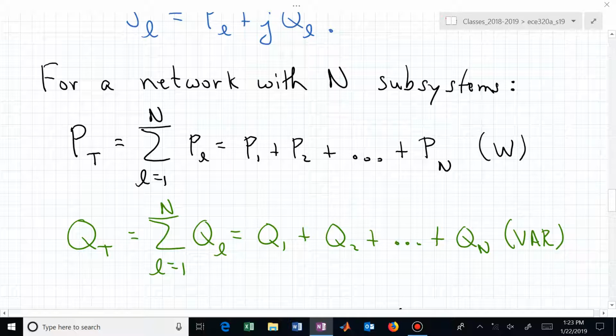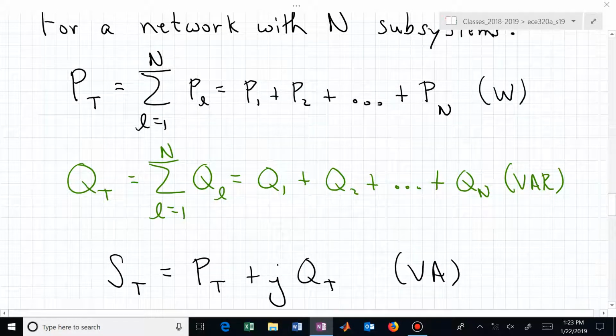So now we have Q1 plus Q2, and we keep track of the algebra. So if Q sub 2 is negative, we would really be subtracting that magnitude of reactive power from the other pieces, but we now have an algebraic combination of Q1 plus Q sub 2 on up to Q sub n.